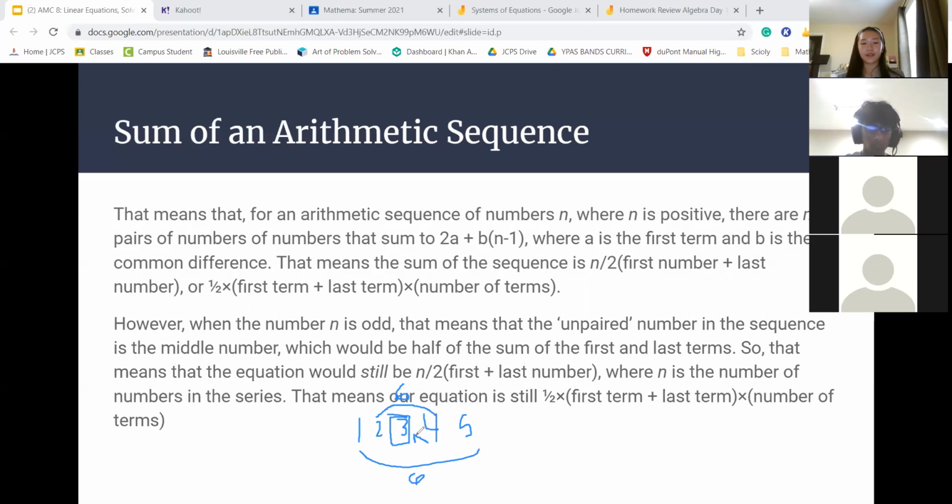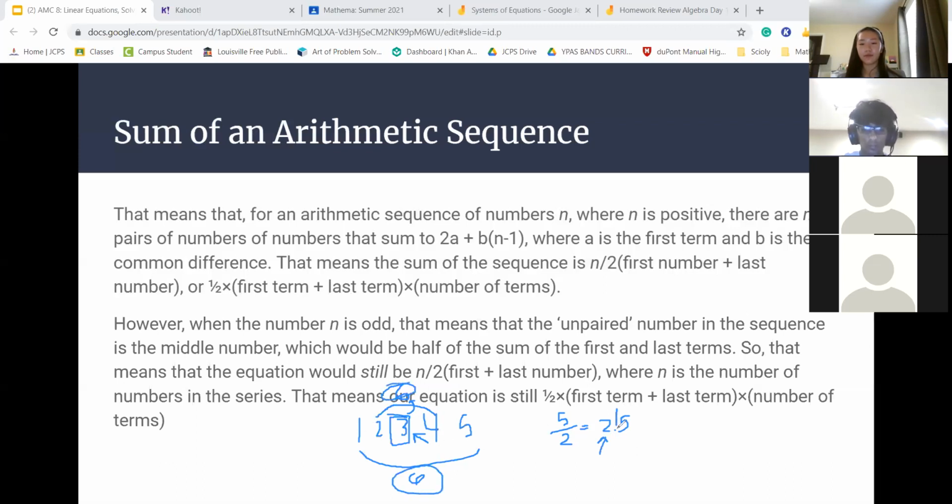You could ask. First, it might not seem too obvious, but if you realize that 3 times 2 is actually 6. Since we're dividing the number of terms by 2, right now we have 5 terms, so 5 over 2 is 2.5. If we do this, the 2 accounts for the 2 pairs of 6 we have, so this one and this one.